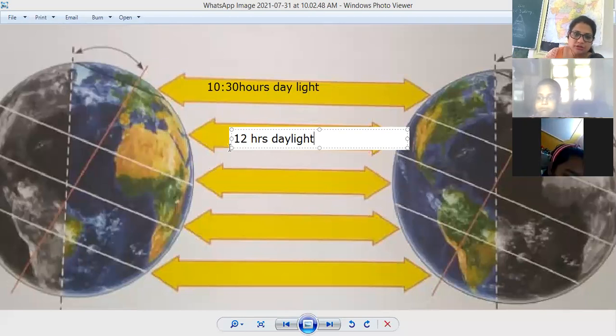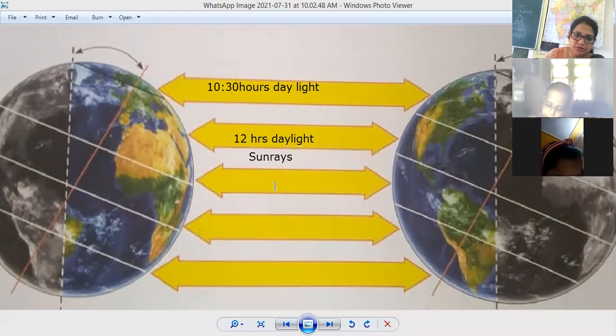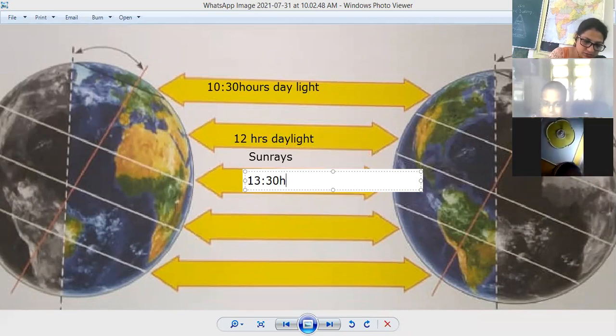Now write down here sun rays. Then write down over here 13.5 hours daylight.